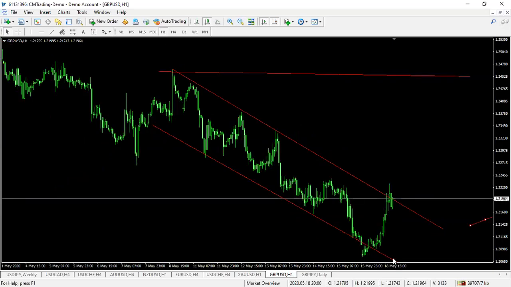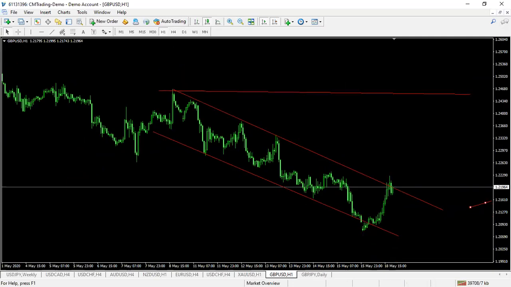This is what we have. We have something of the sort. Then this market has decided it will breakout. Okay. So breakout we've said is when the market comes out of the trend line.